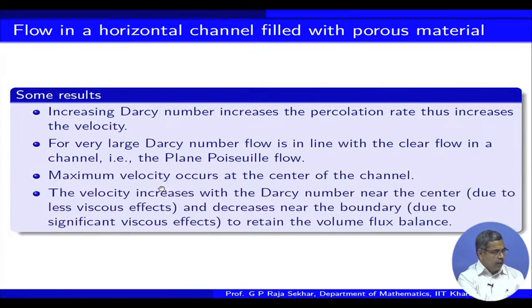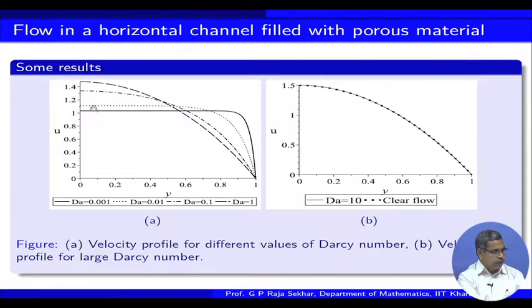Okay. And the most important observation is that the velocity increases with the Darcy number near the center due to less viscous effects, and it decreases near the boundary due to the significant viscous effects, and to retain the volume flux this adjustment is taking place, this adjustment that I have explained.